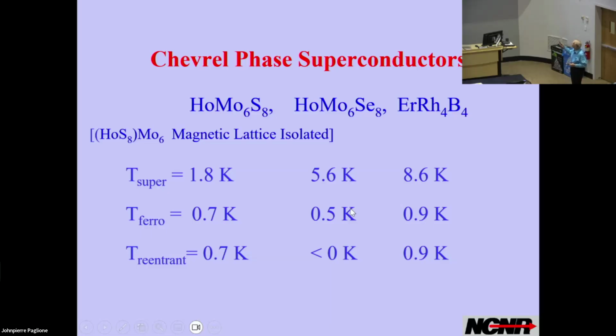Holmium selenide has a TC of 5.6 Kelvin, so TC is higher and the ferromagnetism is lower, so the competition is such that it doesn't re-enter the normal state. It remains superconducting all the way down into the ground state. So these are ferromagnetic materials.